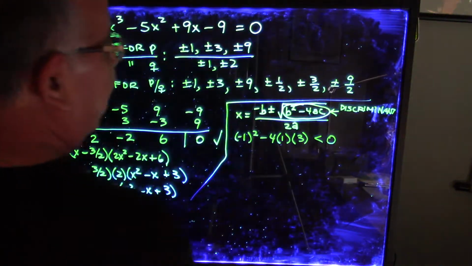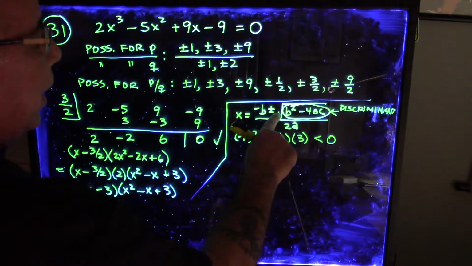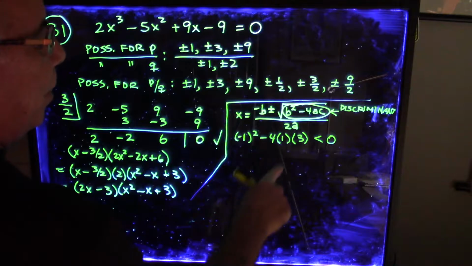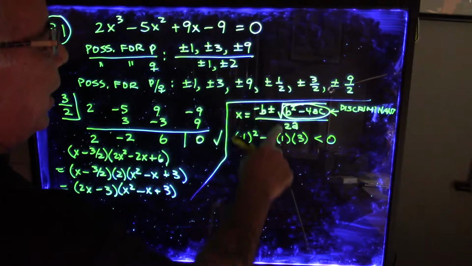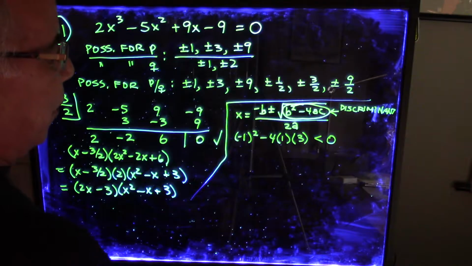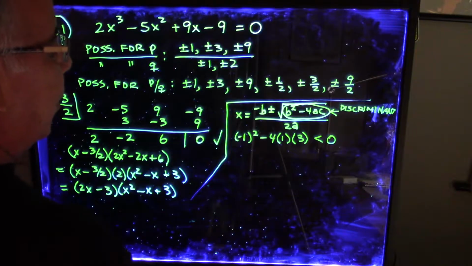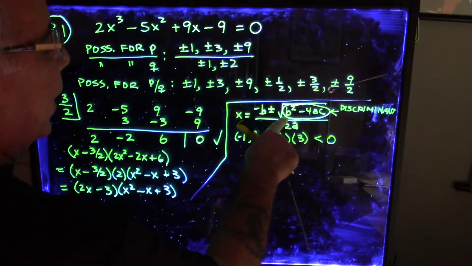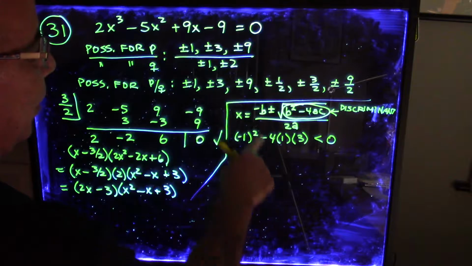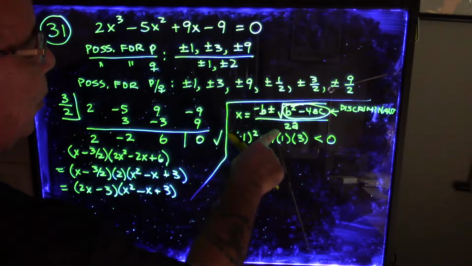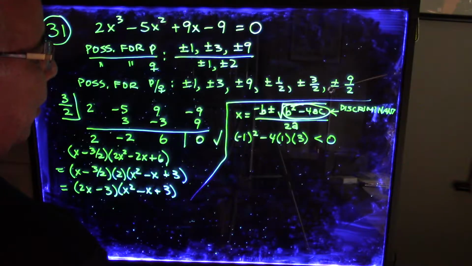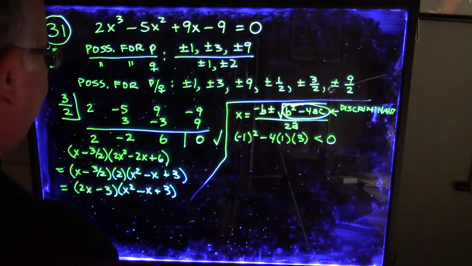Alright, so again, that means that you're taking the square root of a negative number. This b squared minus 4ac under the square root is negative. It's less than 0. So you're ending up with non-real zeros or non-real solutions. There's going to be 2 of them. Alright, so there's no need to go any further.